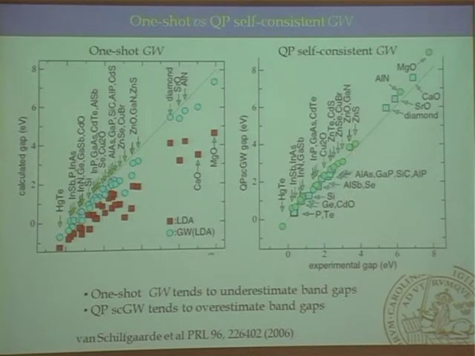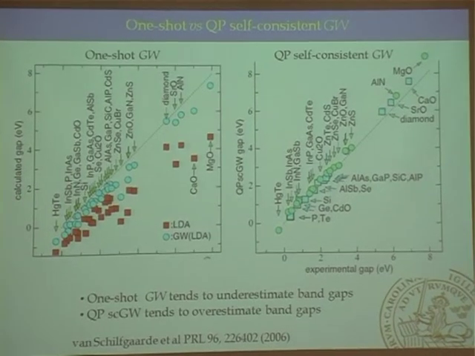It tends to overestimate the band gaps, so still not perfect, but at least it improves quite a lot of cases where one-shot GW is not good enough. This is especially important when the wave function changes from the LDA.